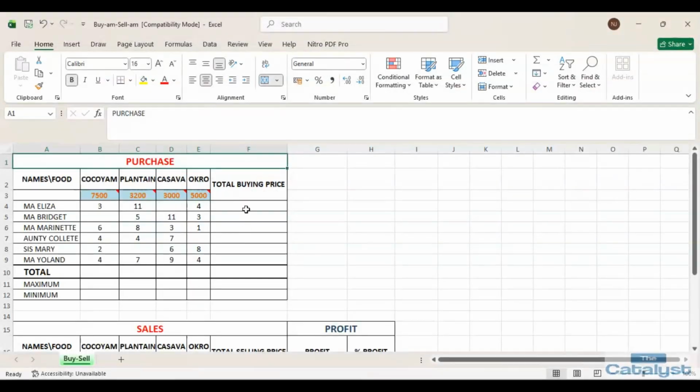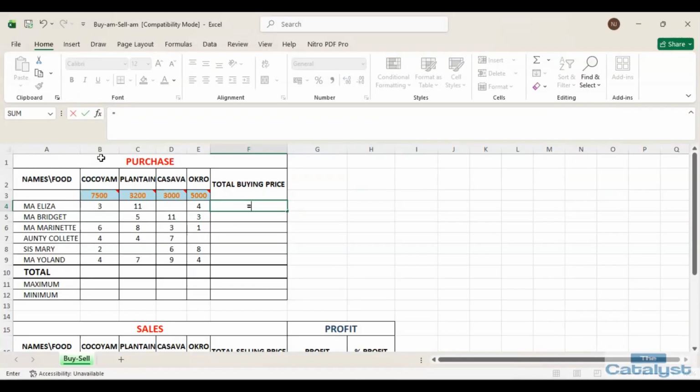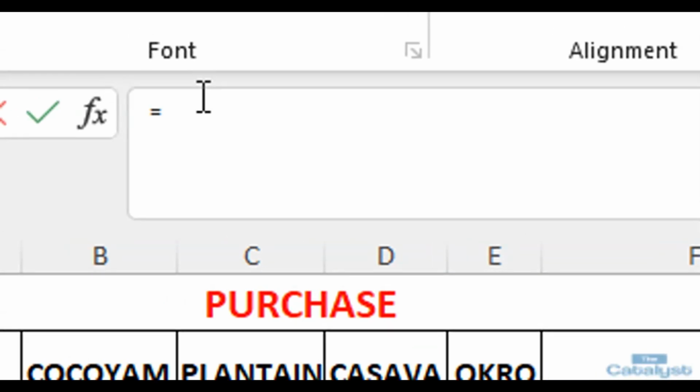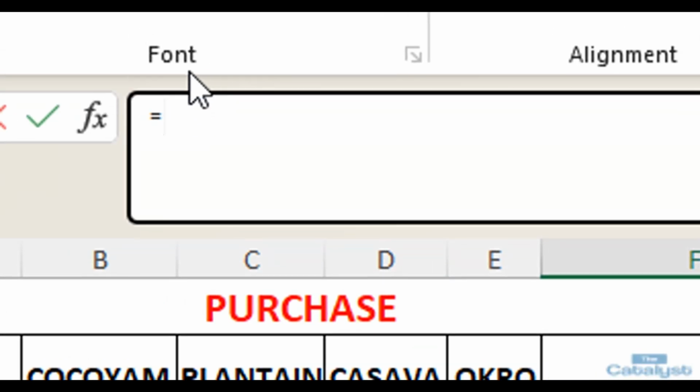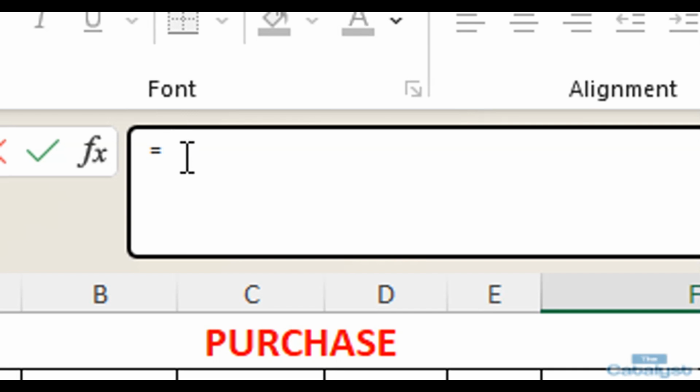Okay, so F4, this is it. So we should calculate the total amount she spent in buying. To do that, we'll use equals to. Let me zoom it so that you see the formula of the entry here. In that cell, you put equals to.